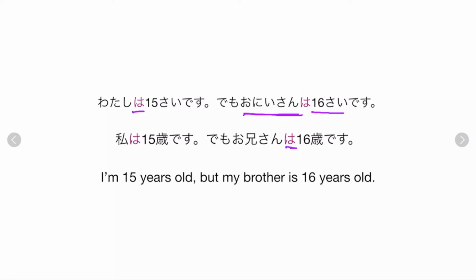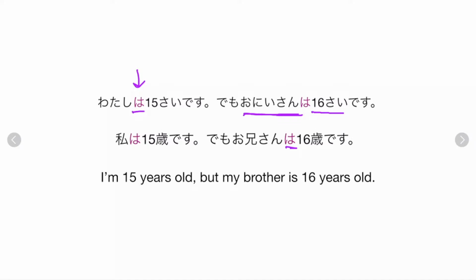Okay? So here you can use ga or wa on your first sentence because it's the first sentence. You can either establish watashi as the topic of the first sentence, or it can just be the subject of the sentence. Either way, what you're saying is that I am 15. Whether you want to say I'm 15 and explicitly state the subject, or just say, speaking of me, 15.